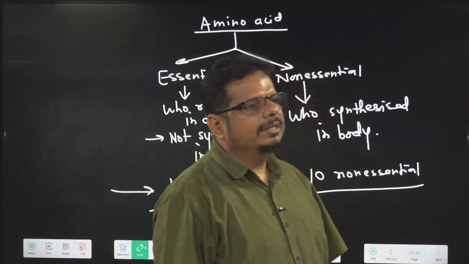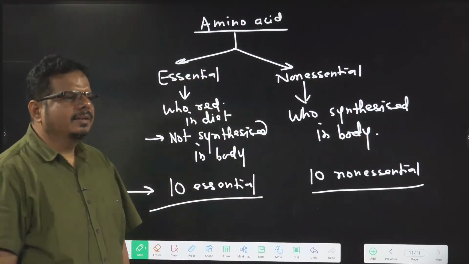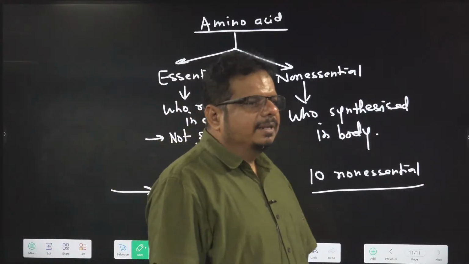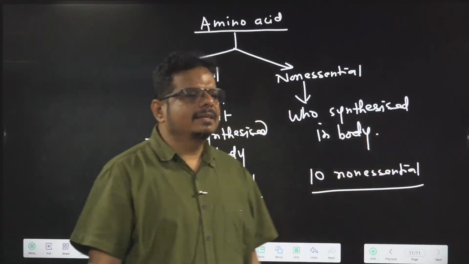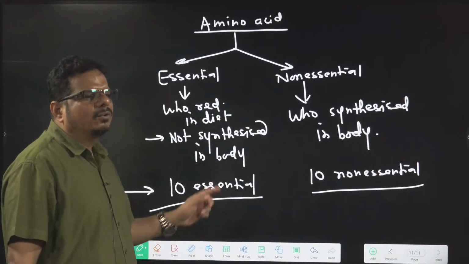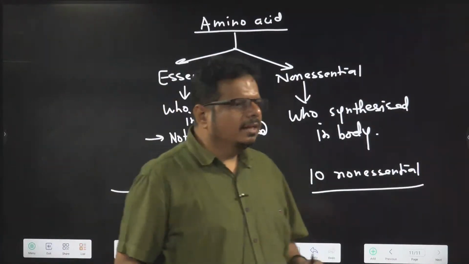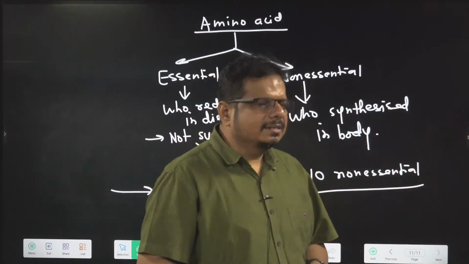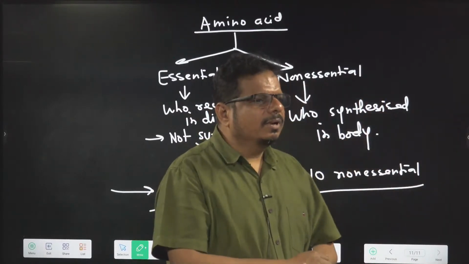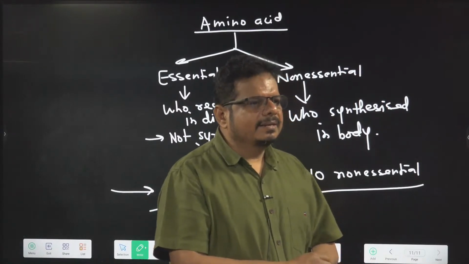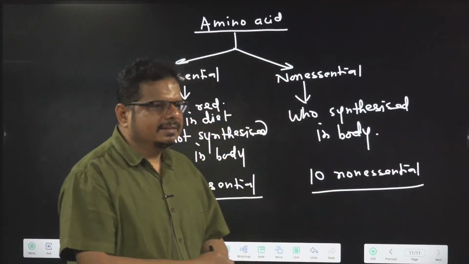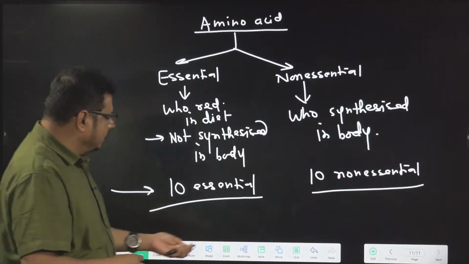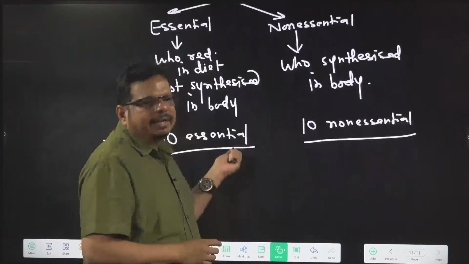I am not going to tell you the list because it is not mentioned in your bio books. It is mentioned in your chemistry book, so sir will take care there. I am just telling you out of 20, 10 are essential, 10 are non-essential. And why I told? Because sometimes someone says 9 are essential, 8 are essential, semi-essential. These are not going to be asked in the exam. What is NCERT-centric data is what will be asked in the exam. Is it clear? So essential and non-essential definition, you got the idea?